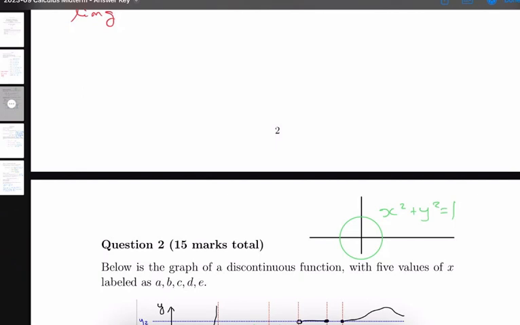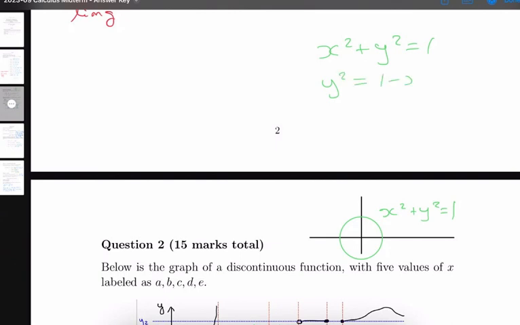What would happen if we tried? Let's see. First we would write it as an expression of y. So I have x squared plus y squared equals 1. The first step is to write it in terms of just y.